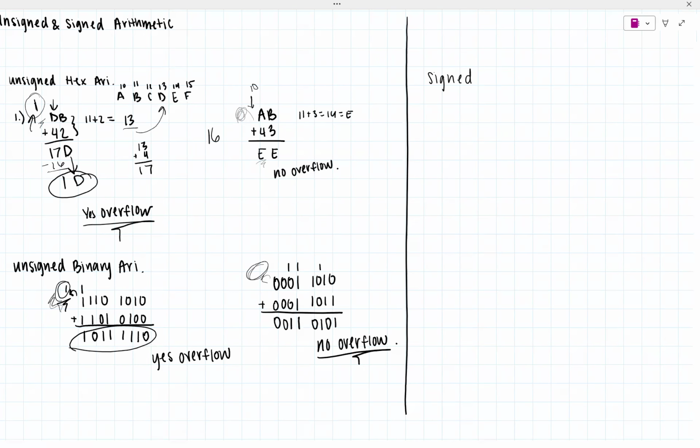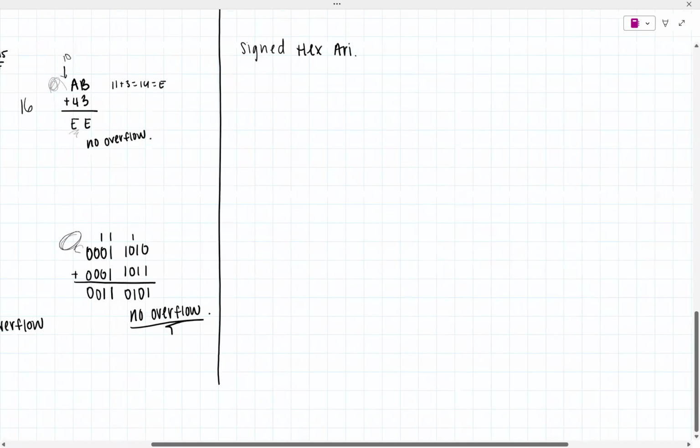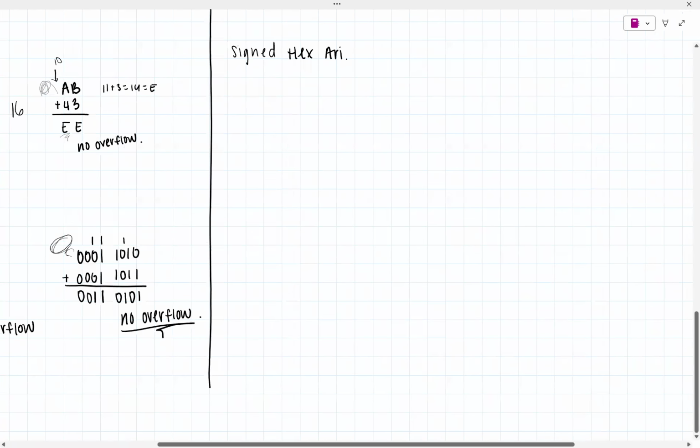So let's go ahead and do signed hex arithmetic first. Alrighty, so since we're working with signed values, we need to pay attention to whether or not these hexadecimal numbers fall into a positive or a negative range, right?